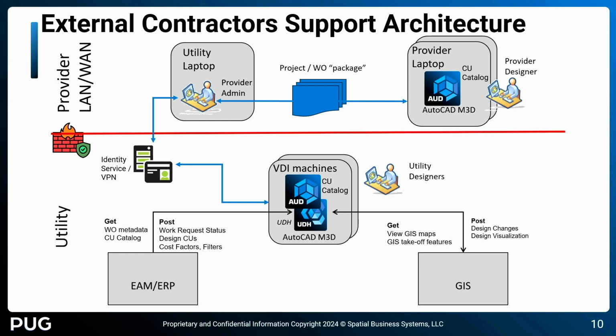But internally, they may have their own AUD setups, and you don't know how many users are managed by that provider. What those admins do is connect through the VPN, create a package, basically link the drawing to a work order, create the work order boundary, extract JS data, and update the latest, greatest CU catalog, and that creates a package.